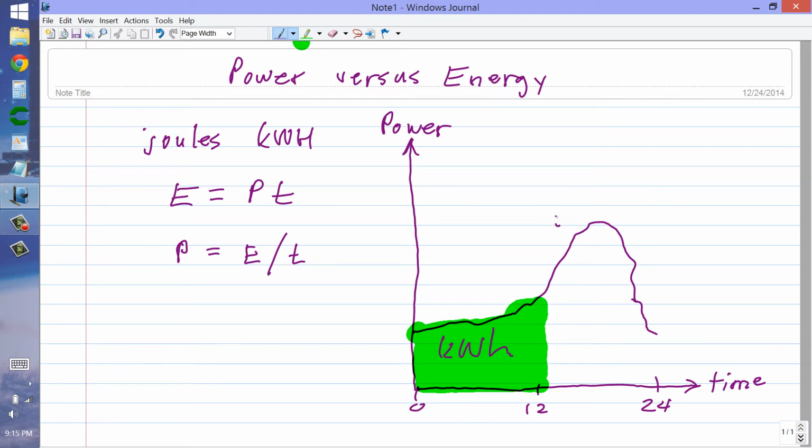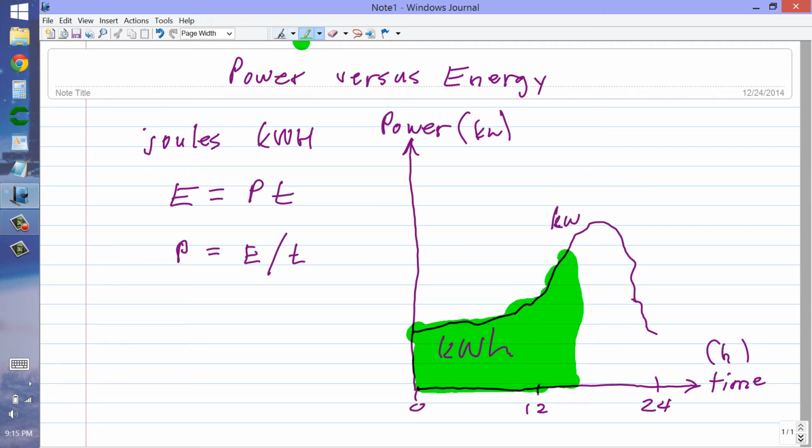This would be kilowatts, and the time would be in hours. As the day wears on, you use up more and more energy total for that day because this area just keeps getting bigger and bigger and bigger.